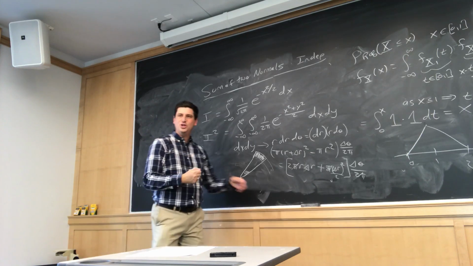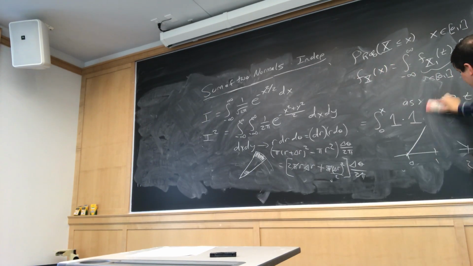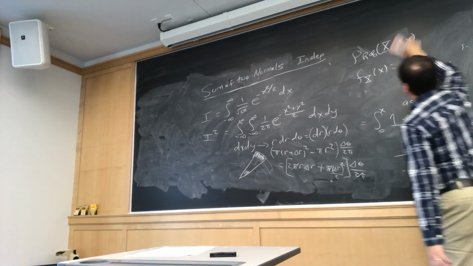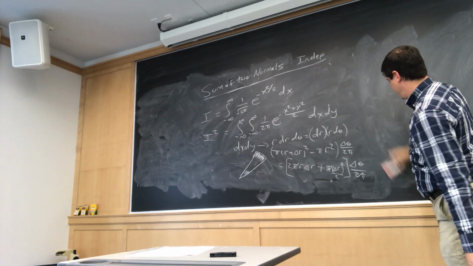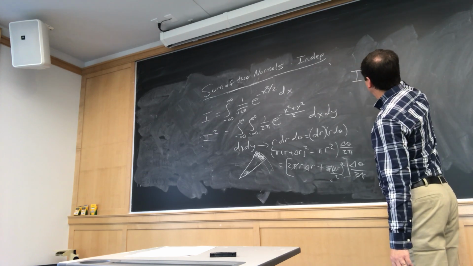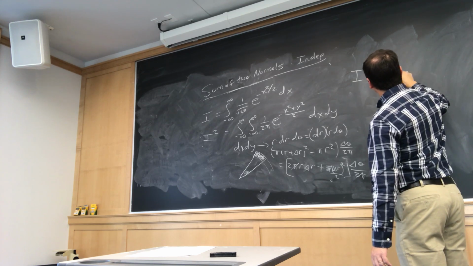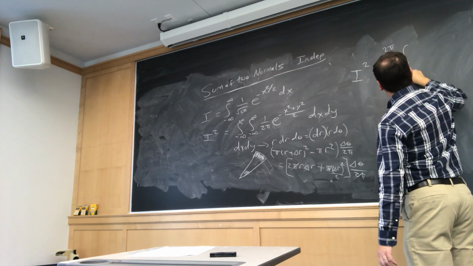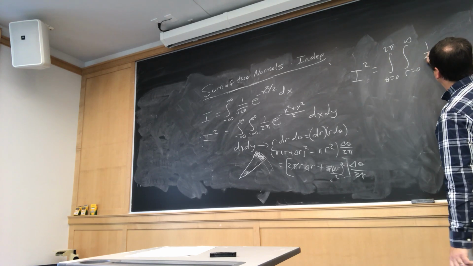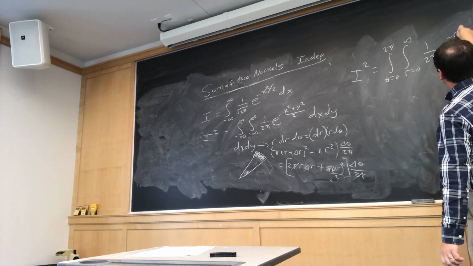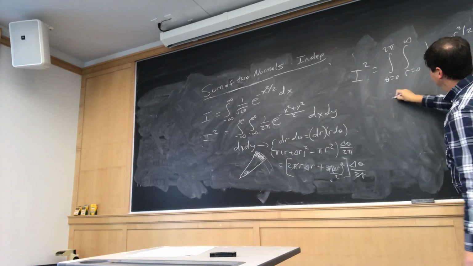I'm not going to reprove the change of variables formula, or perhaps prove would be a better word to use than reprove. But it's nice to know where these things come from. And so when we have that, if I now change my variables, I get I squared is the integral theta goes from 0 to 2 pi, r goes from 0 to infinity, that'll give me the whole plane, and I get 1 over 2 pi e to the minus r squared over 2 r dr d theta.